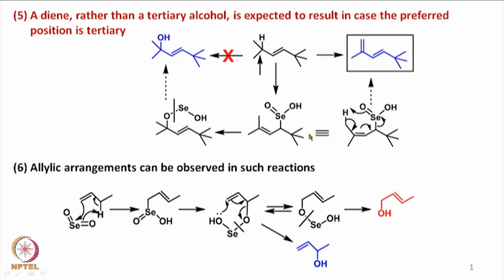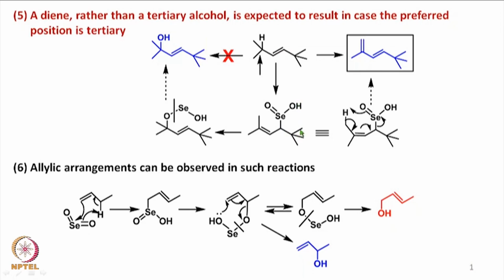So this type of selenium intermediate then undergoes rearrangement to form an oxygen carbon bond accompanied by the migration of the double bond to form an intermediate of this kind, where oxygen selenium bond is cleaved, and that results into the tertiary allylic alcohol. This is what one is expected to form.